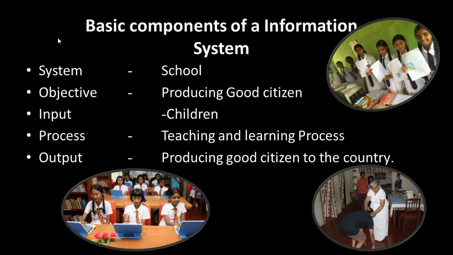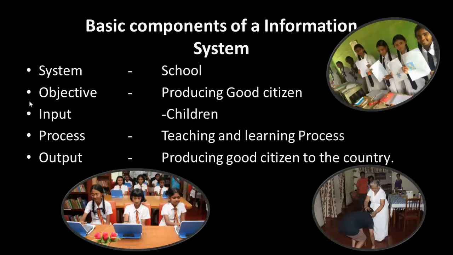The input may be the children of preferable age who enter the school. Then those students go through the teaching and learning process. Finally, we hope that the child would become a good citizen of the country. If that happens, the goal of the school system can be taken as achieved.